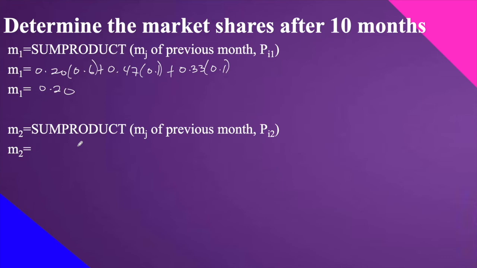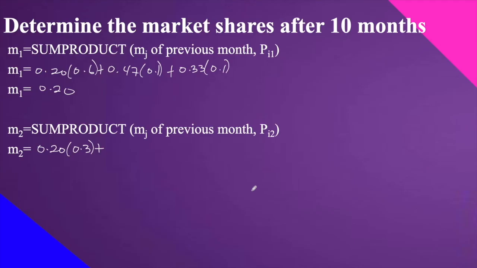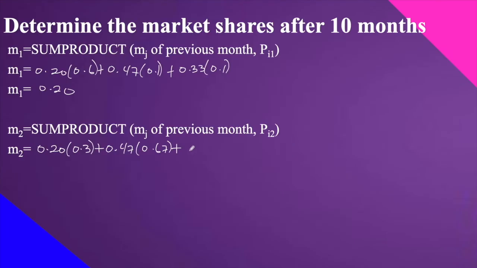Plus 0.47 times 0.67 plus 0.33 times 0.3. This is now equivalent to 0.47 if you compute this, and that is now the market share of the Smart after 10 months.